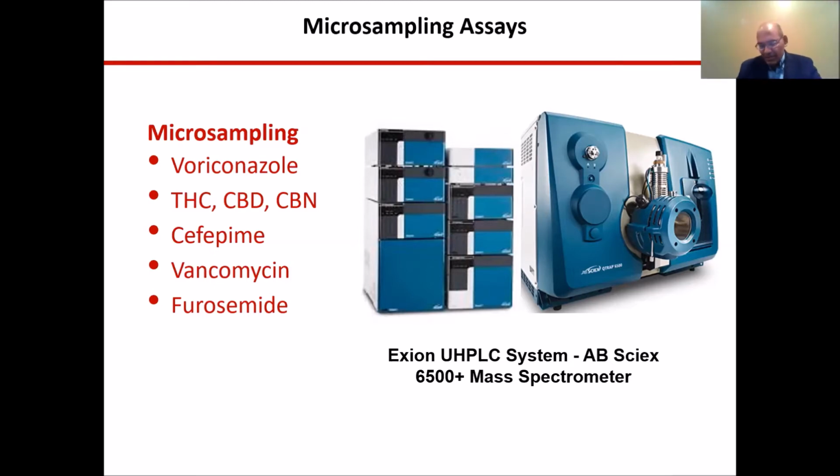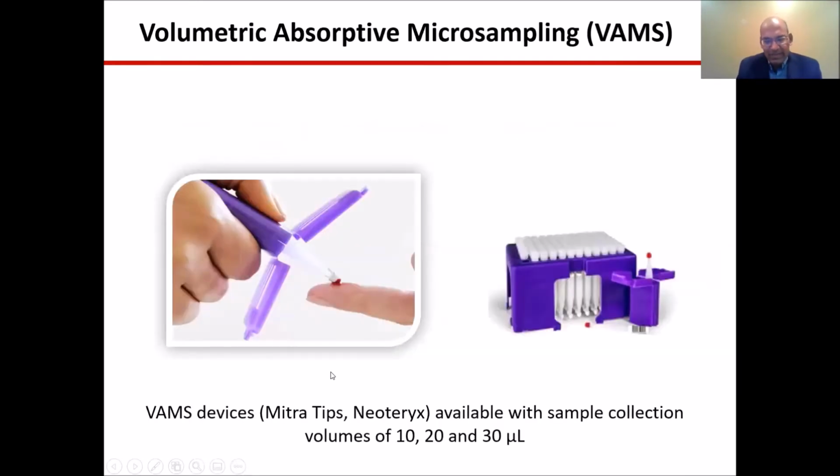Our laboratory is equipped with two standard triple quadrupole mass spectrometric systems, and we provide coverage for a variety of therapeutic areas. As Susie mentioned earlier, we have started using VAMS, also called Mitra tips from Neoteryx, to perform these microsampling studies.